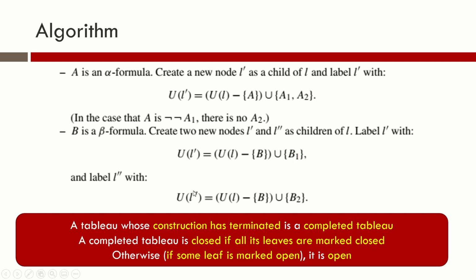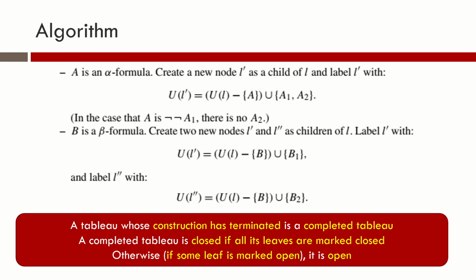The other child you label with U of L minus B union B2. Here, a beta formula is one like B1 or B2, and the truth value of that formula will be true if any one of B1 or B2 is true.